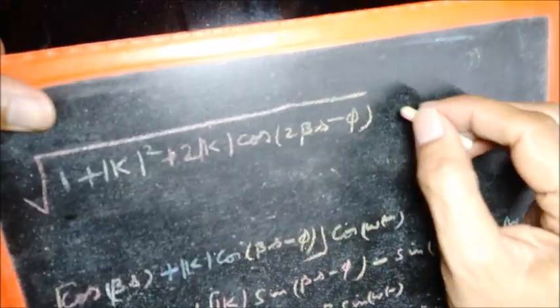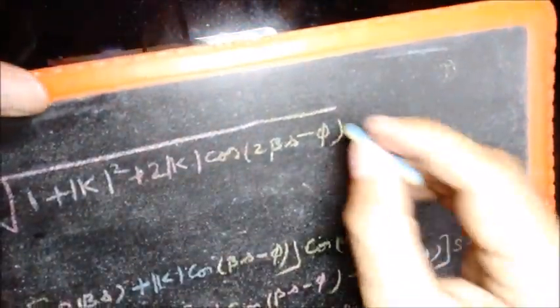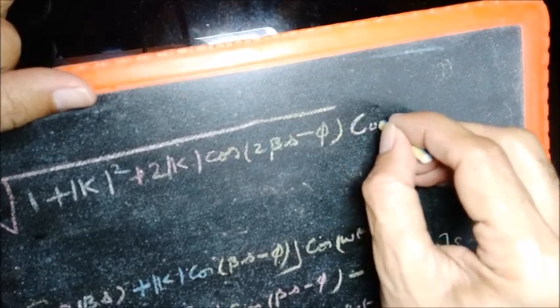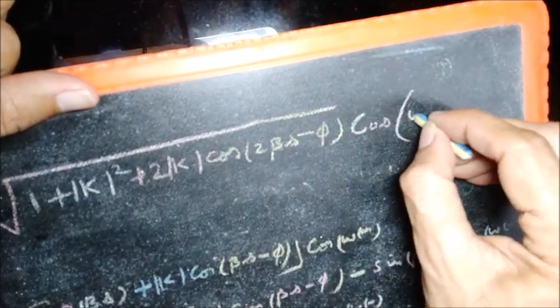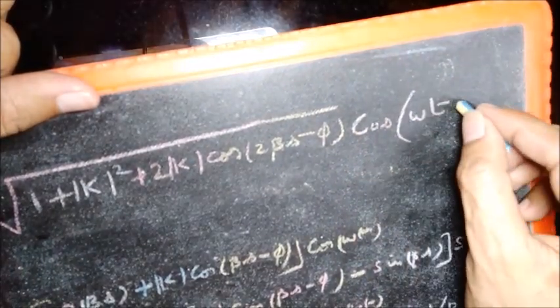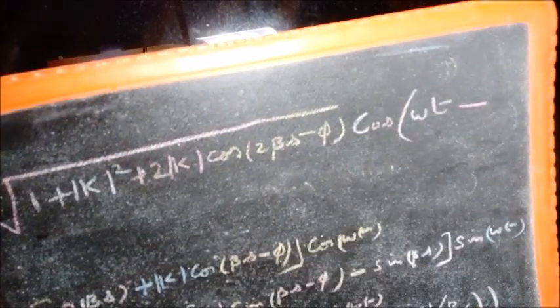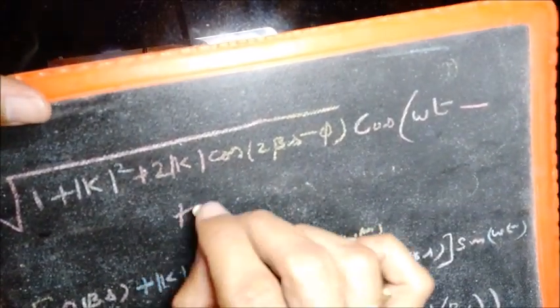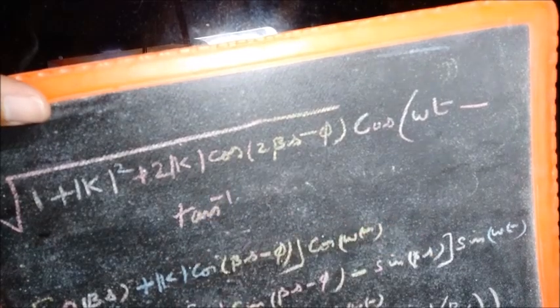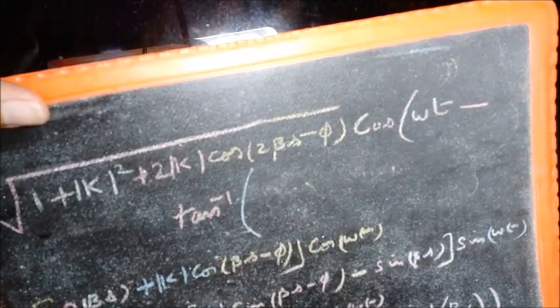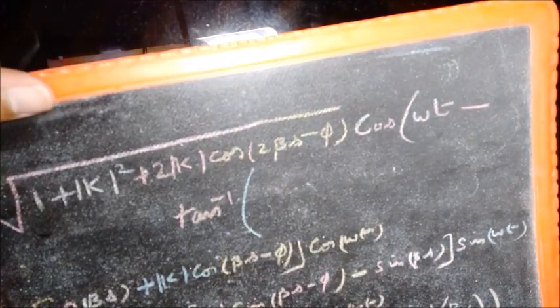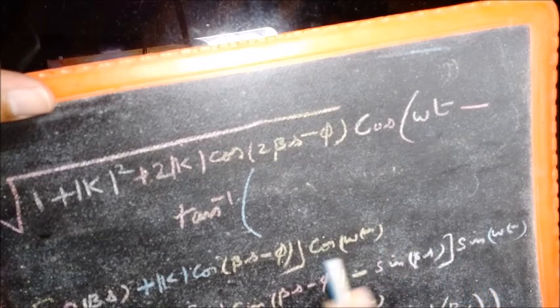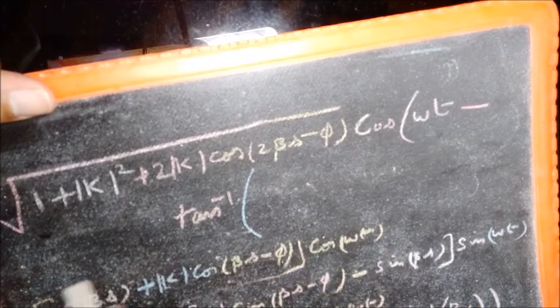So that is this. Now this will have with it, I have to complete this, cos(omega t minus, the remaining part I will write here, tan inverse b by a). So recall that our b is this and our a is this.